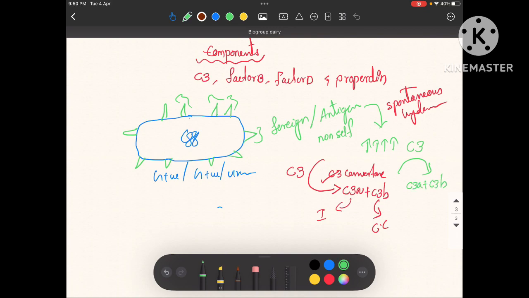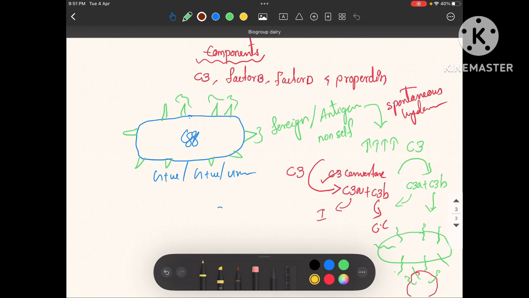Now the C3a, as normal, diffuses away and has inflammatory function, whereas C3b is inserted into the surface of the pathogen. Not only the pathogen, it can also get inserted into the surface of our own cells. This binding of C3b is not highly specific. The C3b generated can bind to both the pathogen surface as well as our own cell surface.